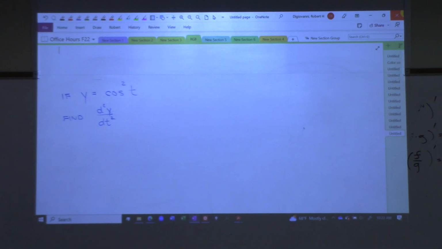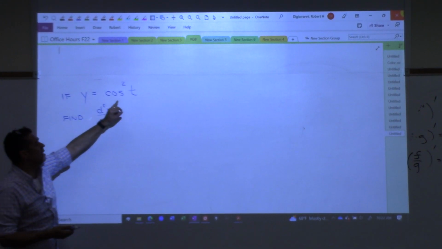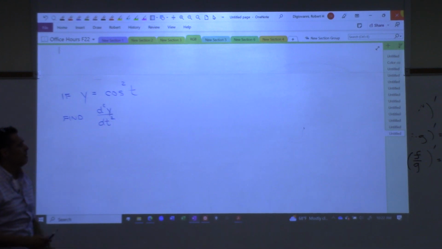So what I'm doing here is I'm trying to change things up a little bit using different letters, different notation, to see if I can confuse you. So instead of using f of x, I'm just writing y. Instead of using the variable x, I'm using the variable t.